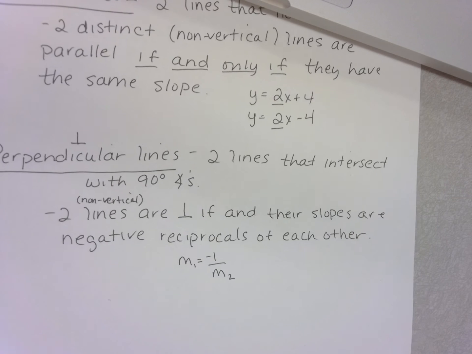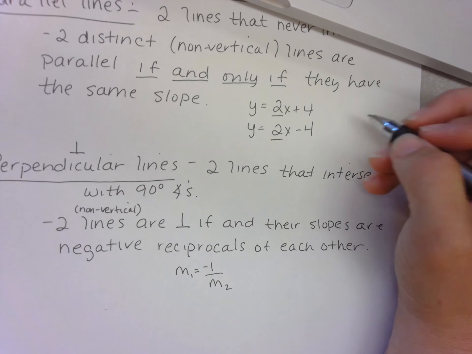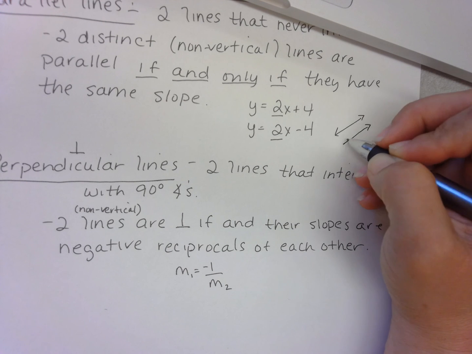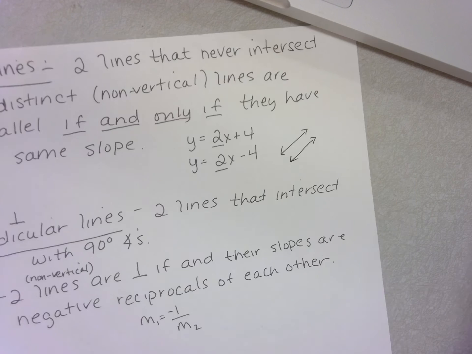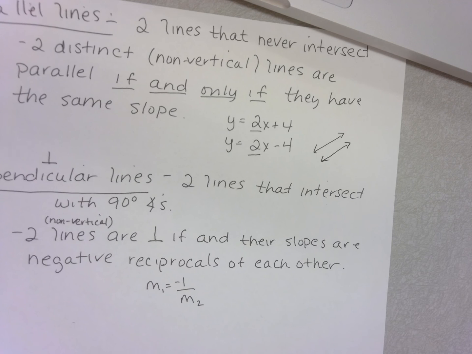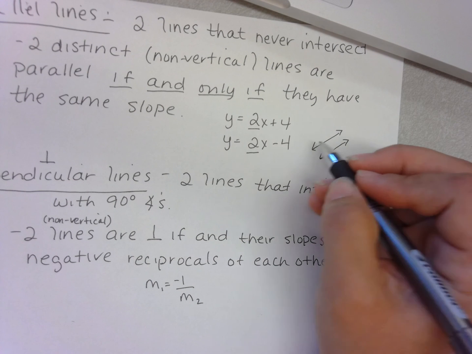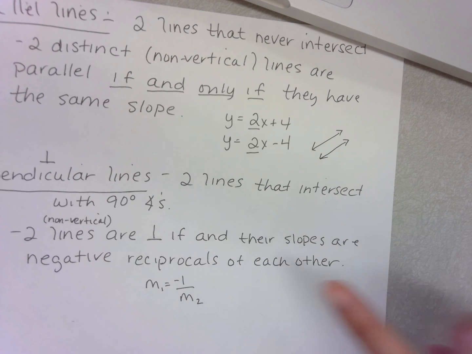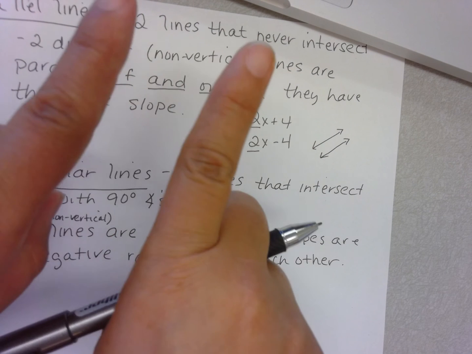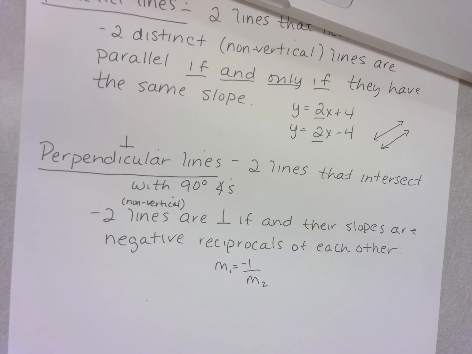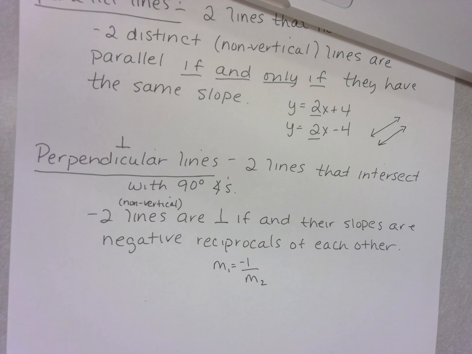And then perpendicular lines. Just for the record, parallel lines look like this visually. They look like they won't cross. My lines aren't perfect there, but they should look like they go on side by side. Perpendicular lines are 2 lines that intersect at 90 degrees.